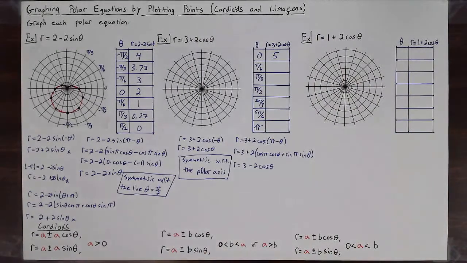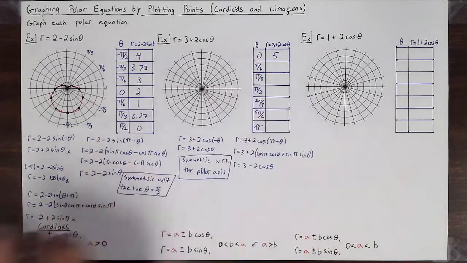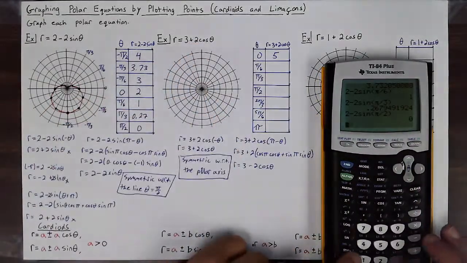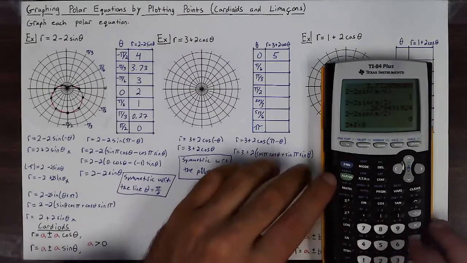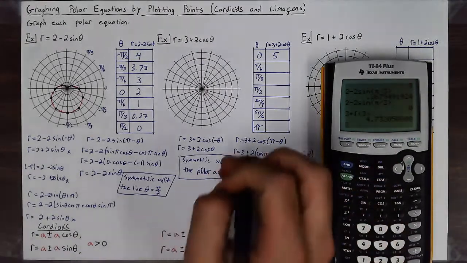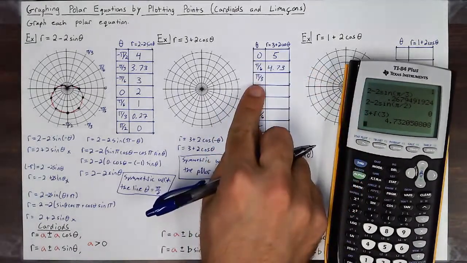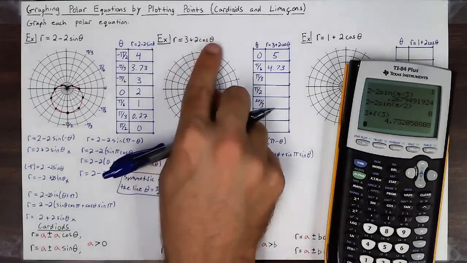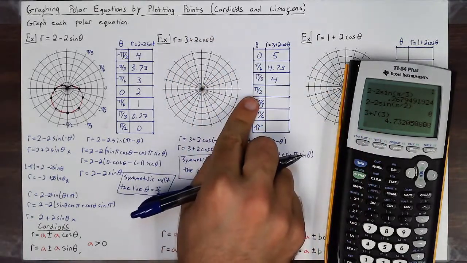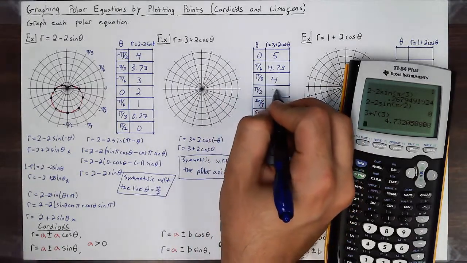And then cosine of pi over 6 is square root 3 over 2, which when I multiply by 2 will give me just the square root of 3. So I have 3 plus the square root of 3, which should be 4.73. Cosine of pi over 3 is 1/2, so this becomes 3 plus 1, which is 4. Cosine of pi over 2 is 0, so this becomes 3 plus 0, which is 3.